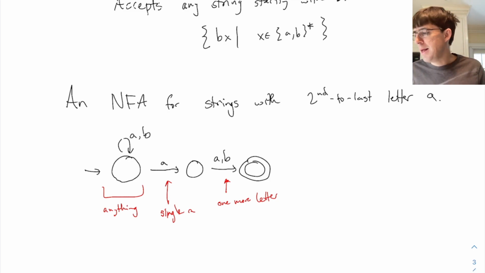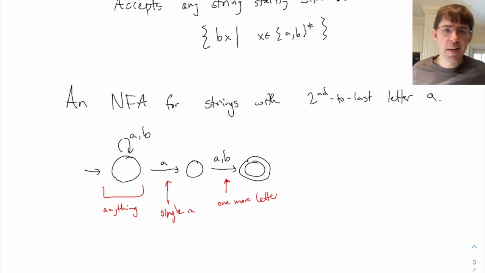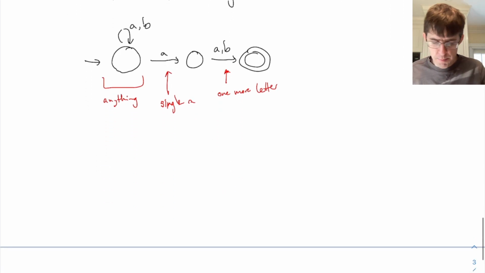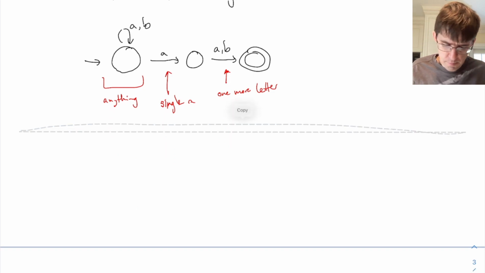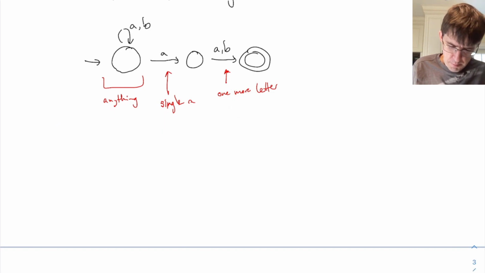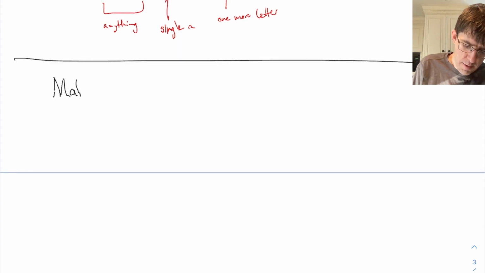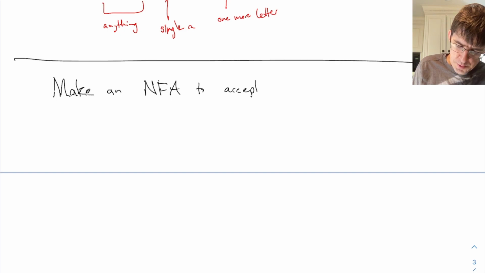All right, I got some for you all to try here, and I'm sorry that I can't walk around the room and inspect you, but I have 3 examples here. Maybe we can just try for a few moments. Let's try to make an NFA to accept these languages.